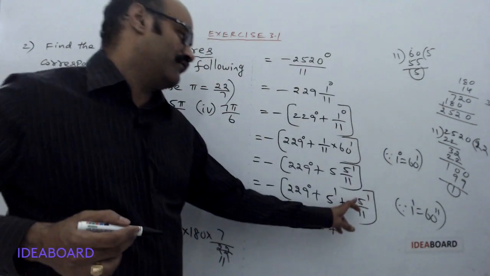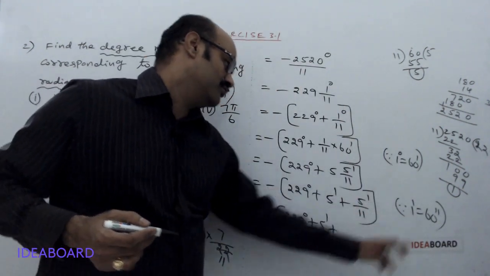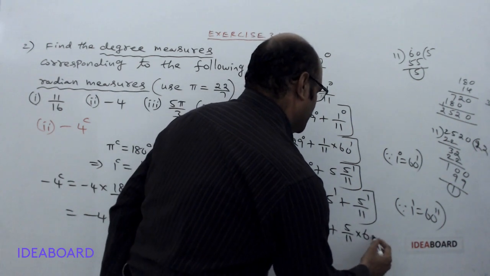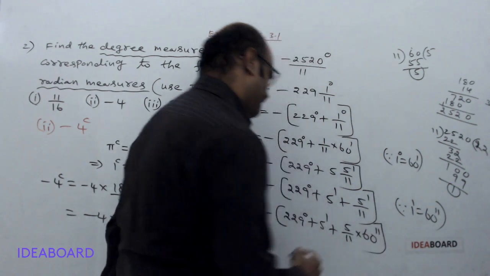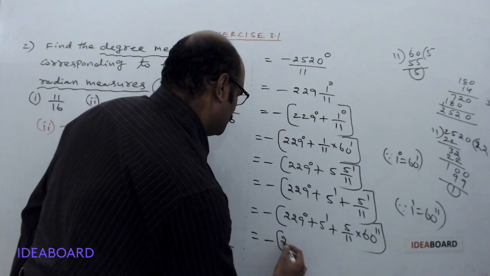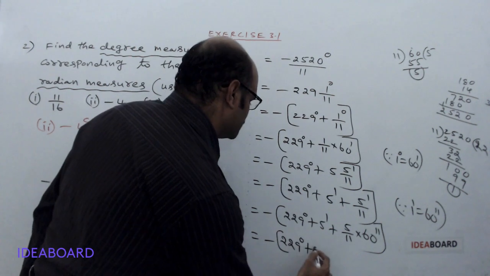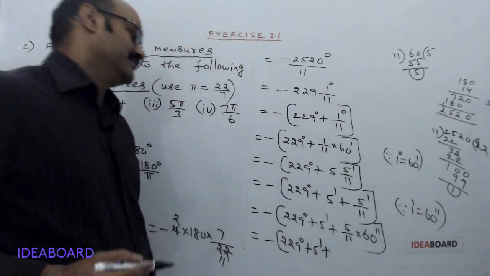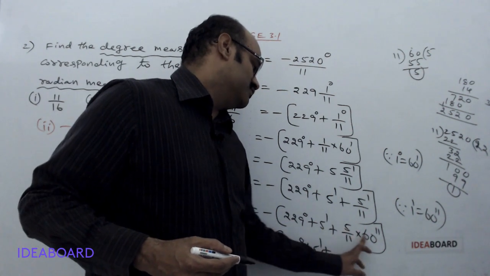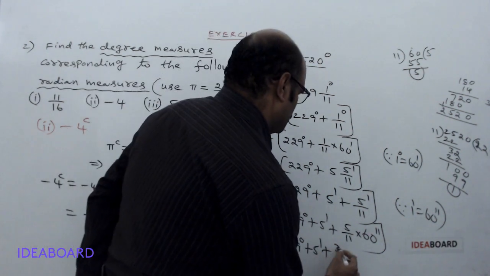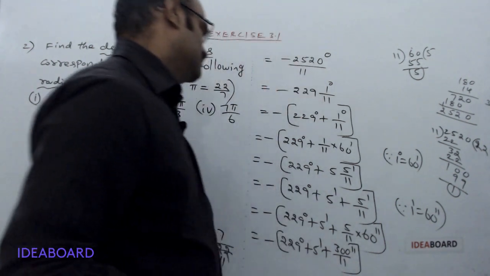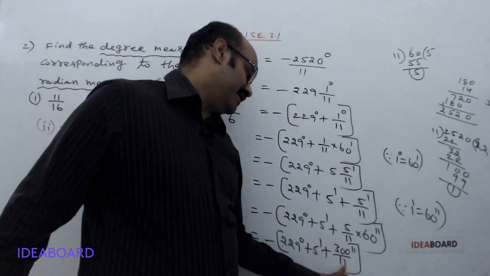So 5 by 11 minutes equals 5 by 11 into 60 seconds. It implies minus of 229 degrees plus 5 minutes plus 5 into 60, 300 by 11 seconds.